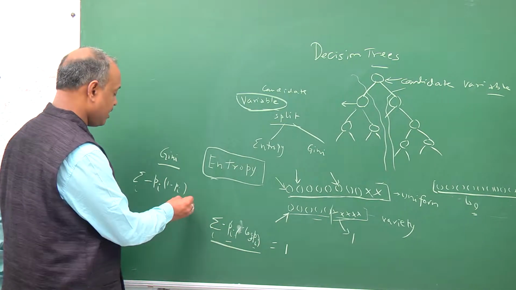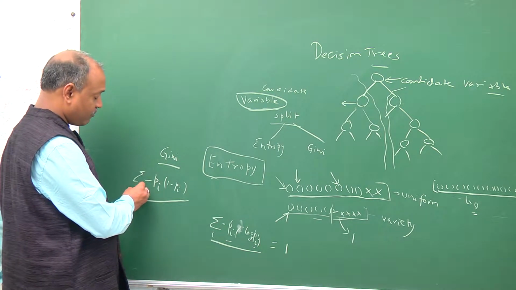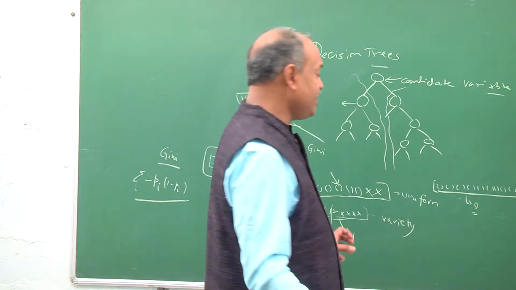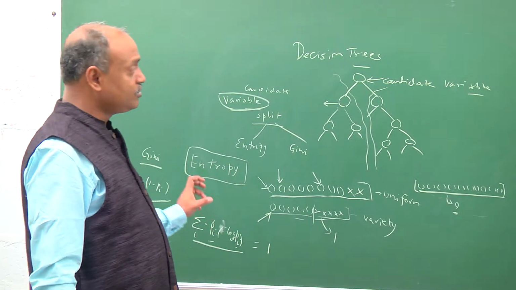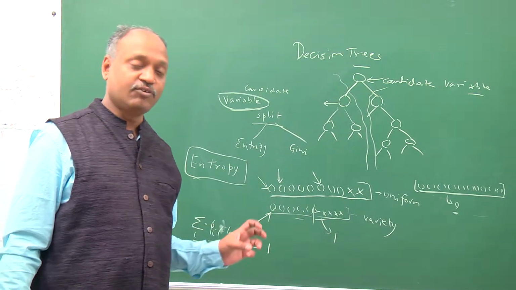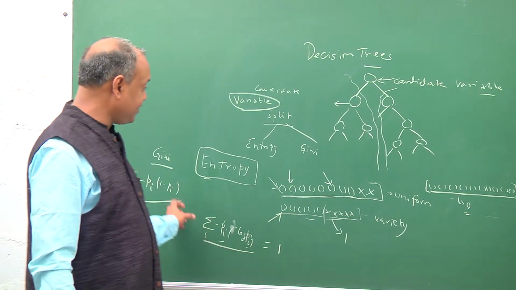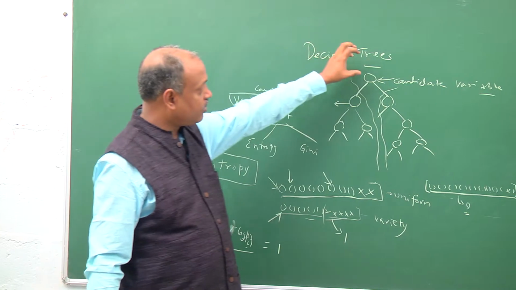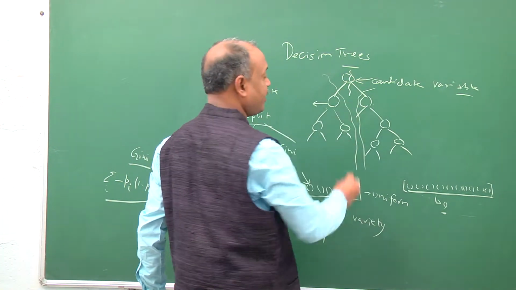That is called the Gini coefficient. It's measured by sigma of pi times 1 minus pi. So between entropy and the Gini coefficient, you can use either as the criterion to choose which candidate variable value combination will be chosen for splitting at a particular point.